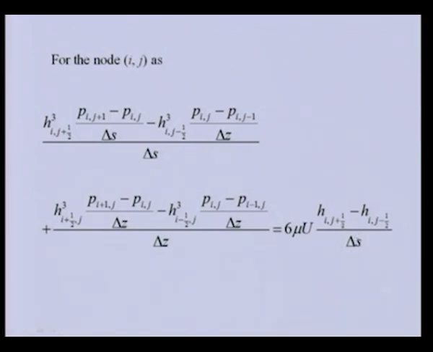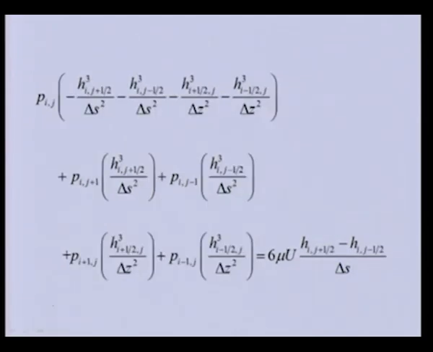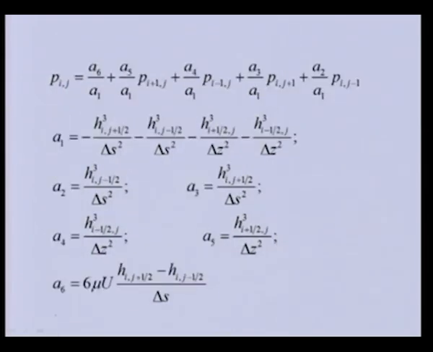These equations we can now arrange such that we club the terms containing the pressure variation at ij in one place, at i, j plus 1 at another place, and so on. So all 5 node positions' pressure terms we have collected and expressed like this, and this can be written now in a more recursive way.